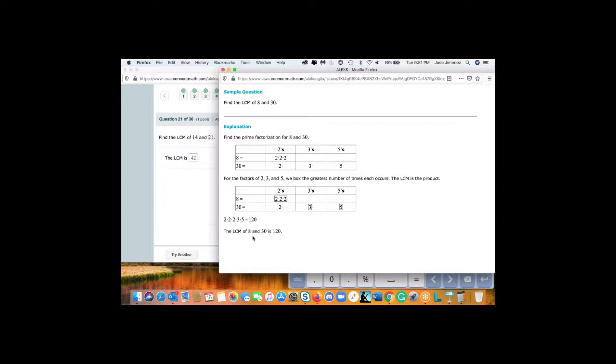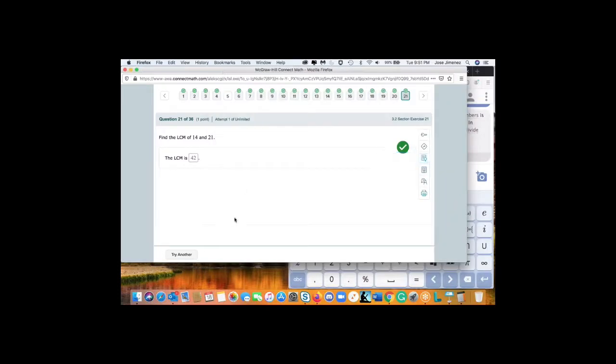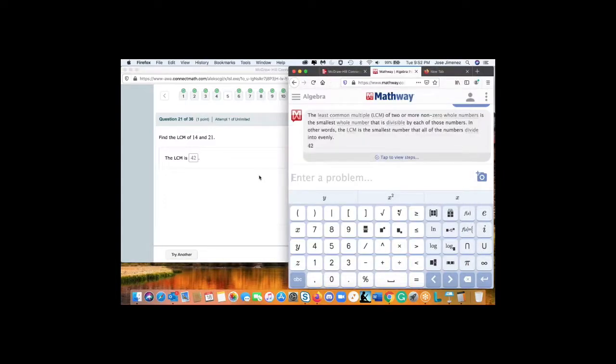So you have all the numbers 2 times 2 times 2 times 3 times 5 for 8 and 30. The least common multiple will be 120. That's by doing prime factorization to find the LCM. That's the example. But I guess the easy way to do this is just going to the big calculator with the Mathway.